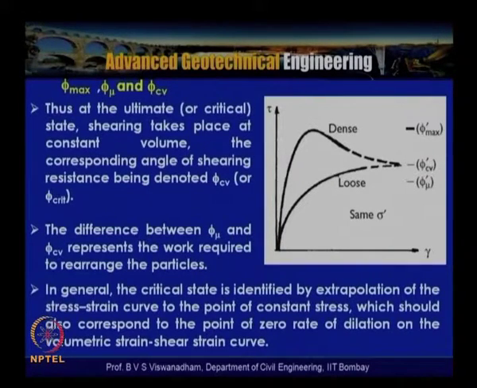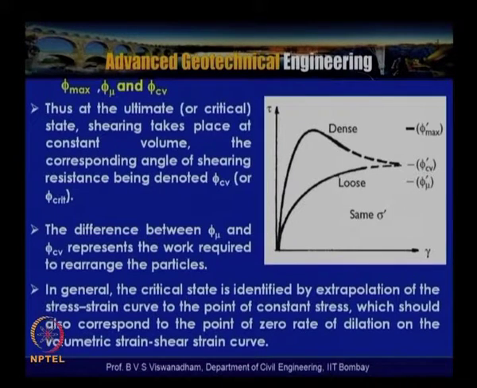This gives phi CV, and somewhere here, the sliding friction, that is, the frictional resistance offered by the particles in arranging into the denser configuration, is indicated with phi mu. The difference between phi mu and phi CV represents the work required to rearrange the particles.